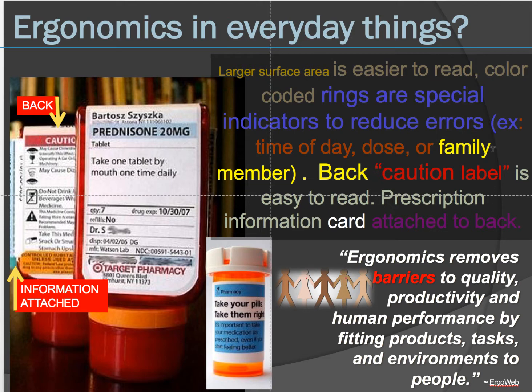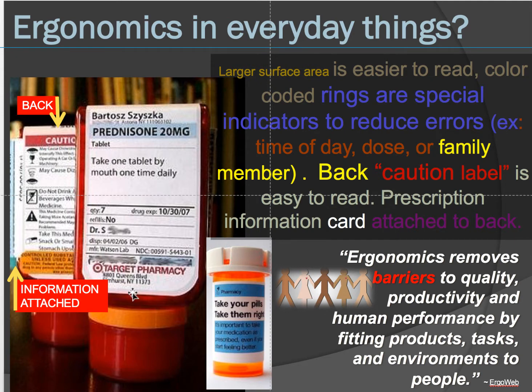So now you can see the name is also on the top. Well, you can't see that, but the name of the prescription is on the top here, as well as the name of the patron. Because the bottle is flat and there's a bigger surface area, we could blow up the font and make it bigger so it's easier to see.